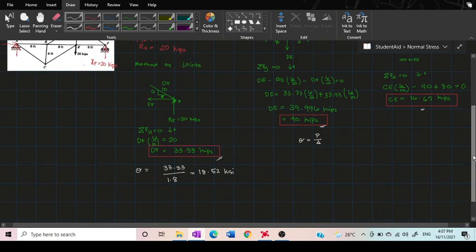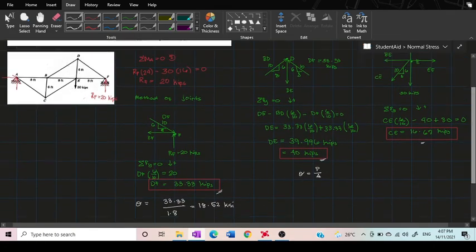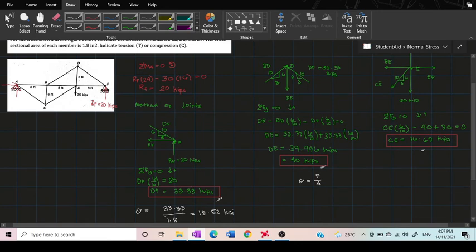I also forgot to indicate tension or compression at each member. At DF here, the arrow is going right here, so this means that this is in compression. For DE, we have the arrow right here, so this means that the force is in tension.